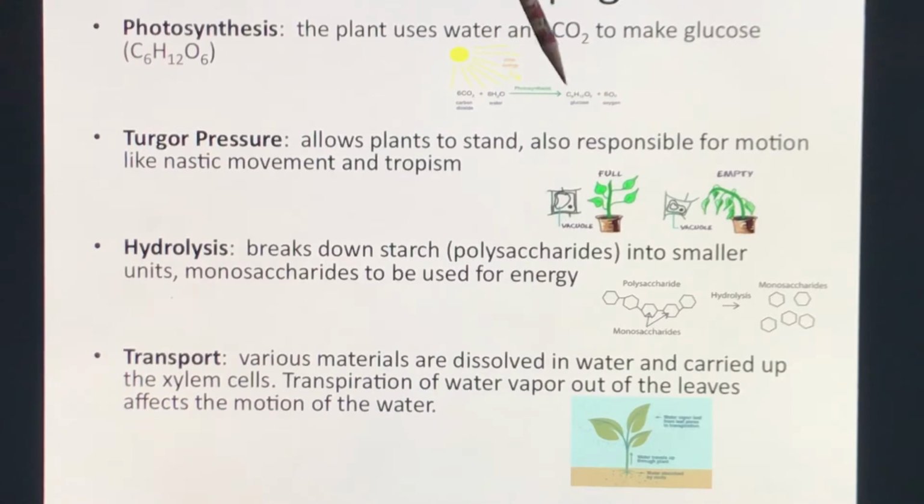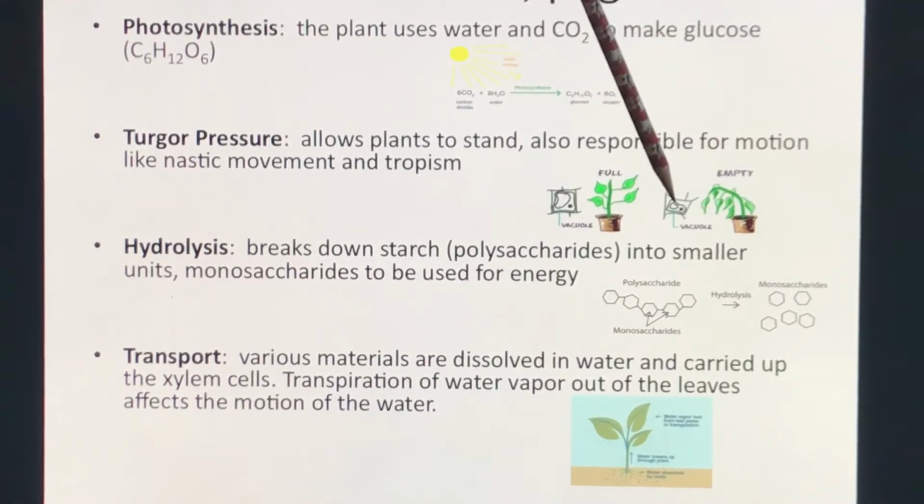And so for a plant that is supported fully with turgor pressure, the vacuoles of each cell are full with water, you would see the plant standing upright. And then when the vacuoles are emptier, right, then the plant is wilting.